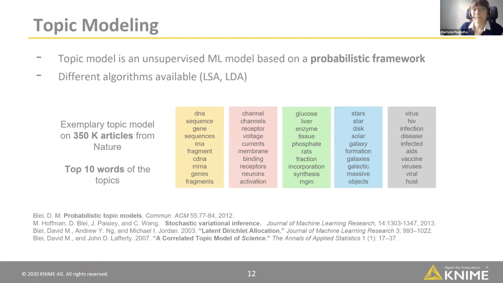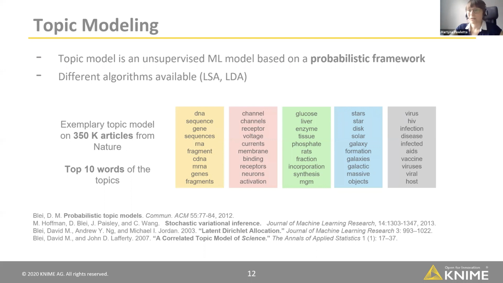Okay, so what is a topic model at the end? As we are using documents that are not labeled, a topic model is an unsupervised machine learning model and is based on a probabilistic framework. So all the algorithms that are available use probabilities to calculate topics or to predict or to structure the documents into topics.